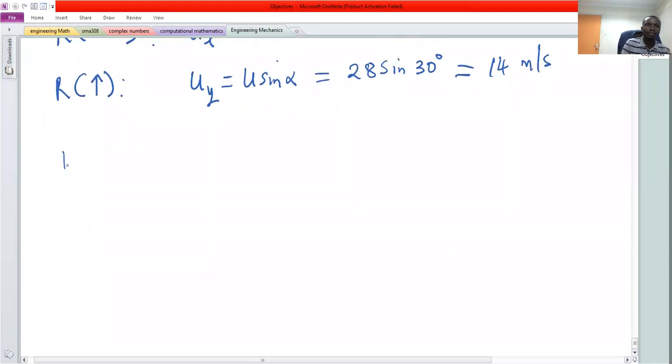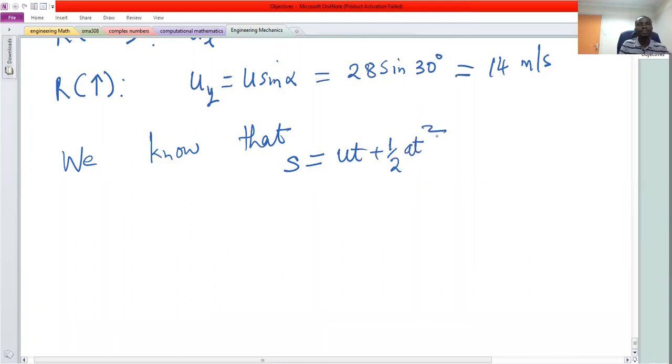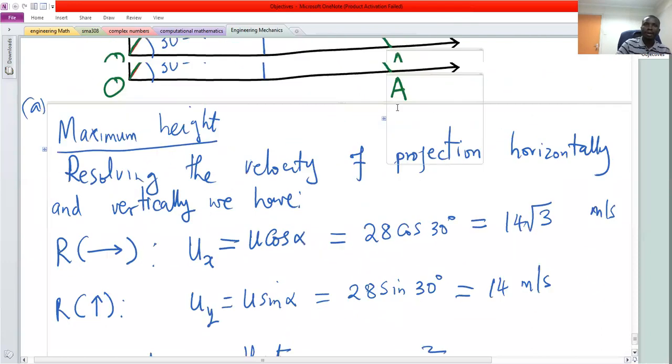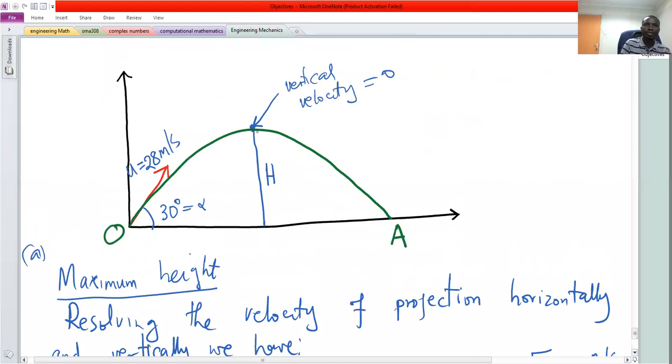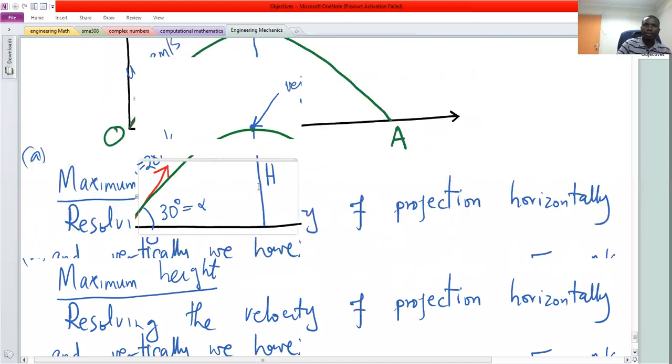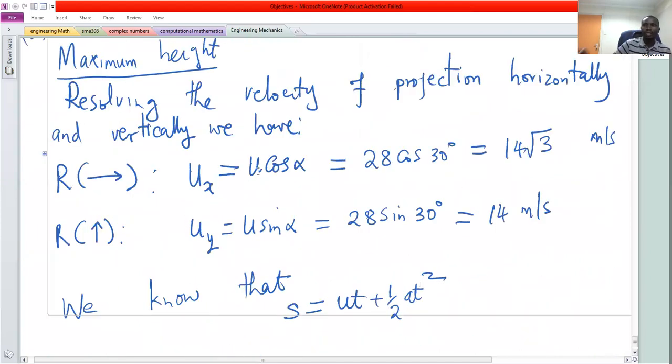And then we know that from the linear motion equation, S is given by ut plus a half at squared. So in our case, maximum height, according to our diagram here, will be the vertical motion. So vertical is y, horizontal is x.